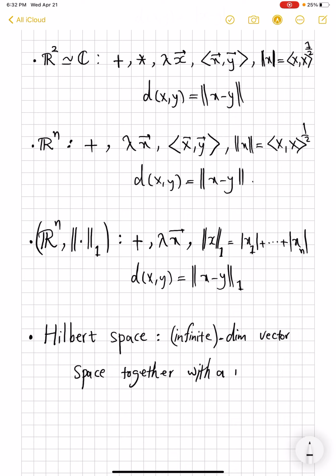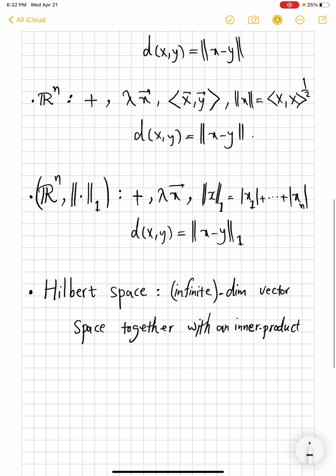With an inner product, and that is giving us a norm, and we use the norm to define this distance function. But you also have a generalization of this, Rn with the L1 norm. So you can have a normed vector space.